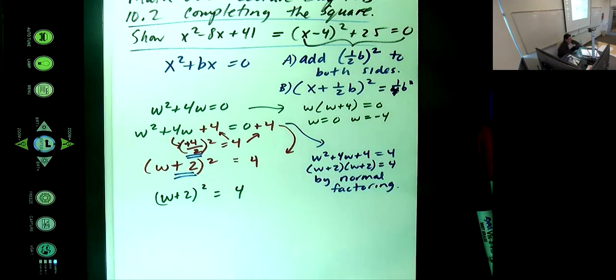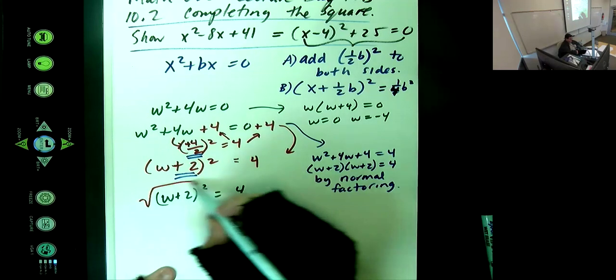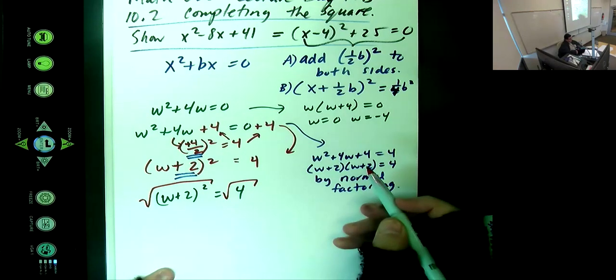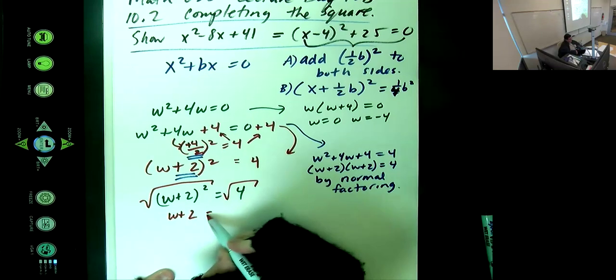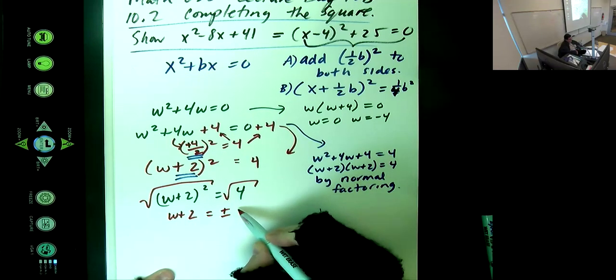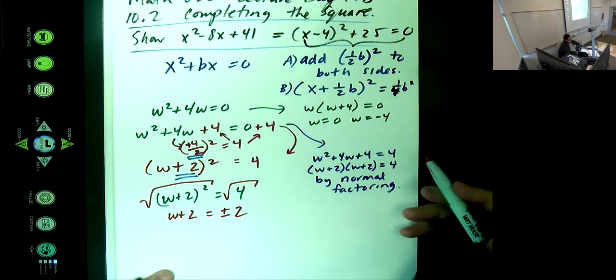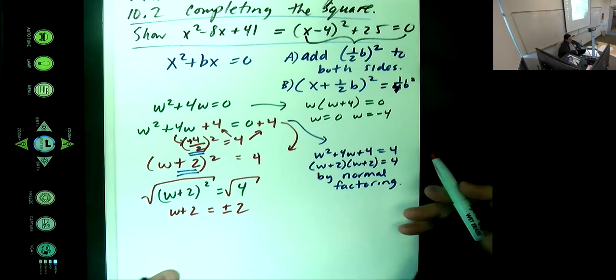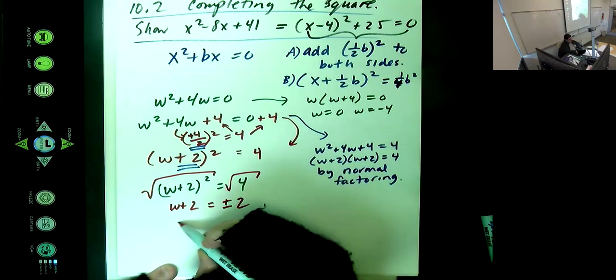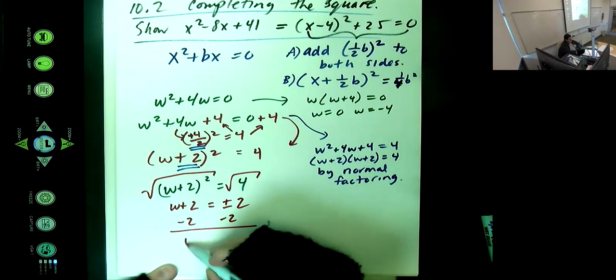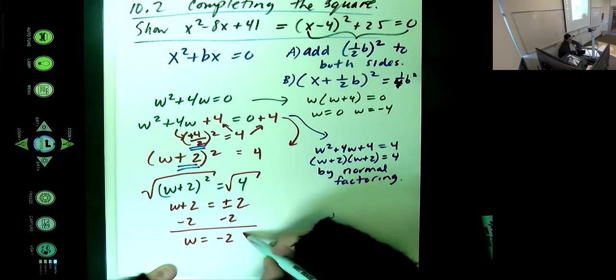And we can extract roots. Square root of 4 is 2. So if I subtract 2 from both sides, I get w equals -2 plus or minus 2.